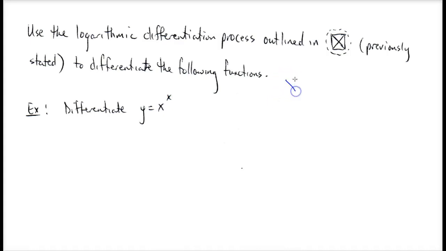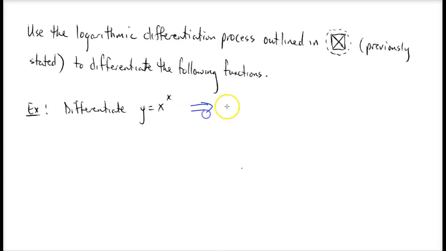We do have differentiation rules for taking, let's say, the derivative of x raised to the 2, or x raised to the negative 1/2, or even x raised to the square root of 2. We have differentiation rules for all of that, but we don't have it for what we see here. And so this is where we want to employ logarithmic differentiation.